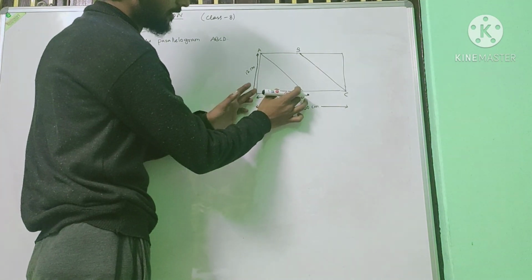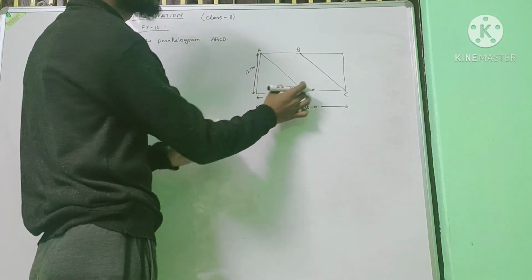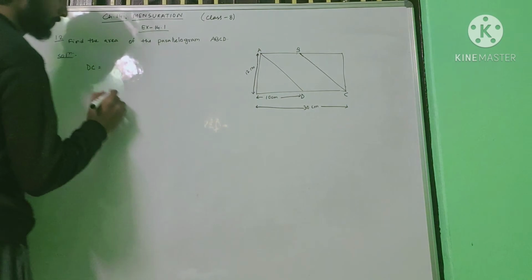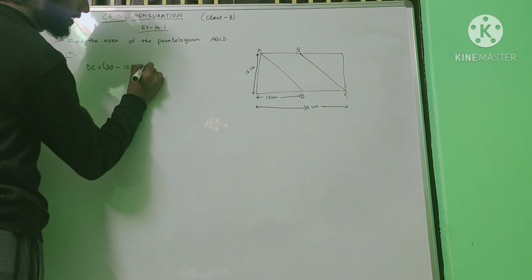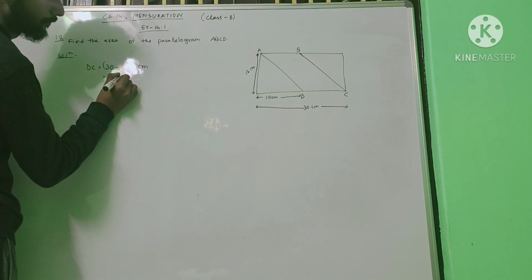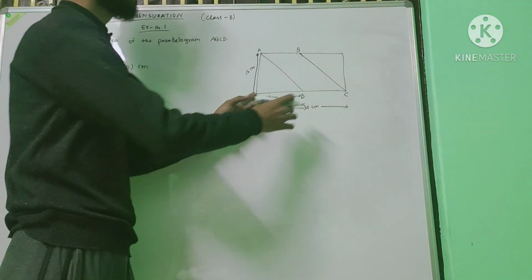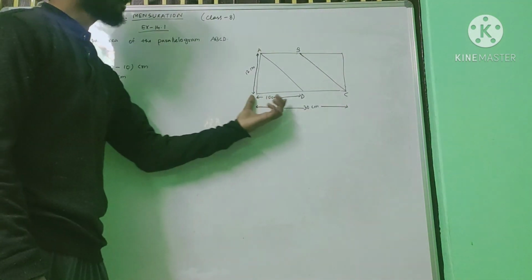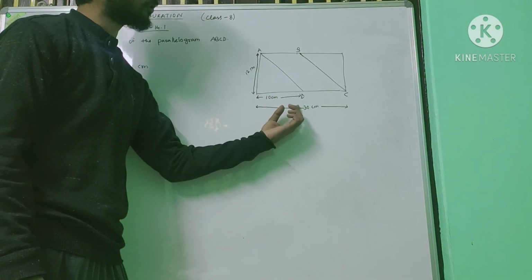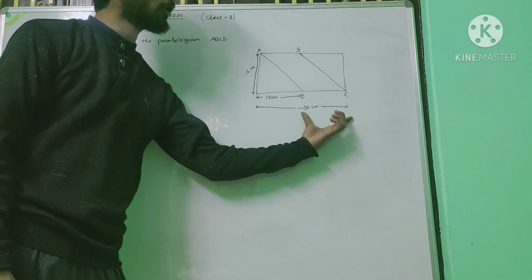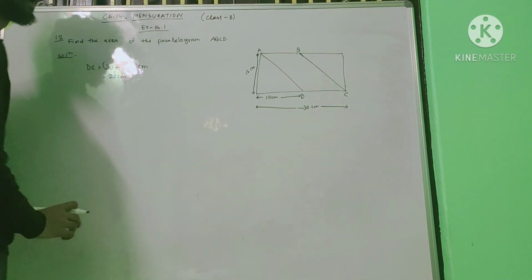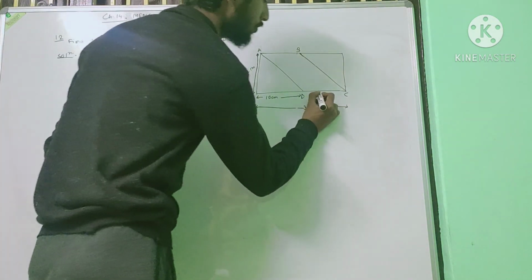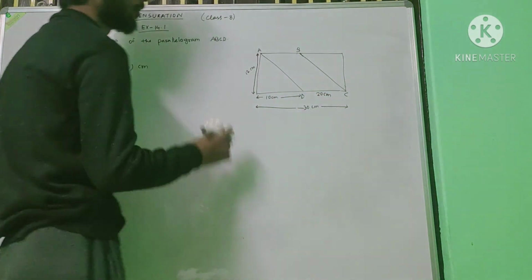If we remove this portion, then we will get 20 centimeter. That means 30 minus 10 centimeter, which is 20 centimeter. Again, look, the total is 30. If we remove this portion, then this portion will be 30 minus 10, which is 20 centimeter.